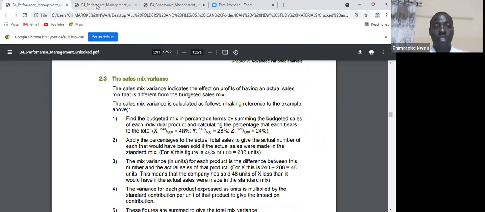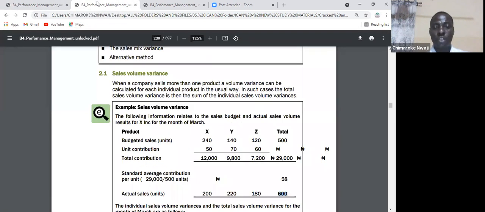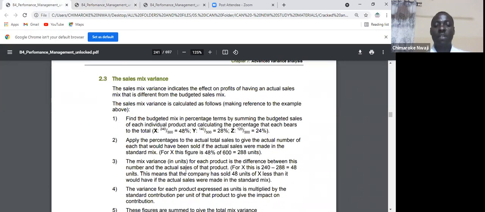The mix variance for each product is the difference between this number and the actual sales of that product.